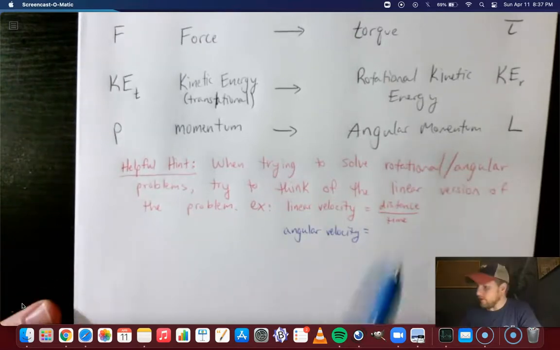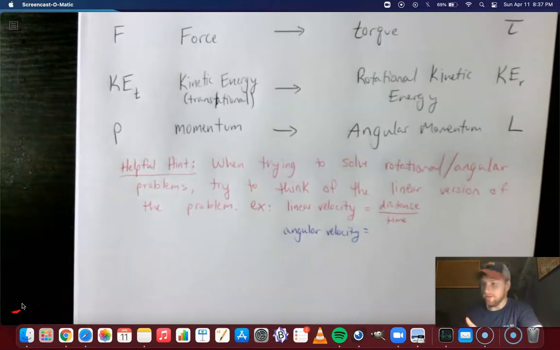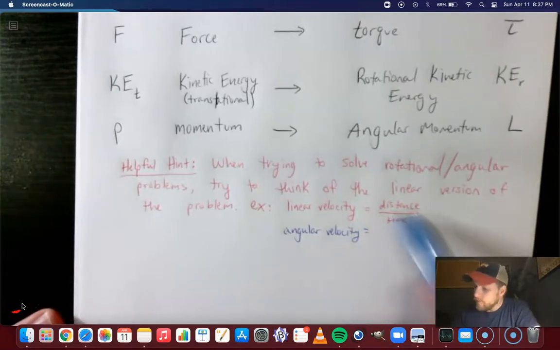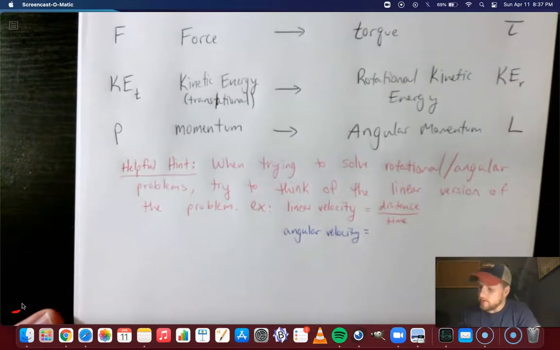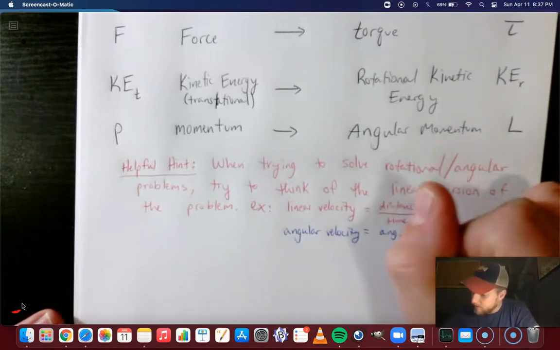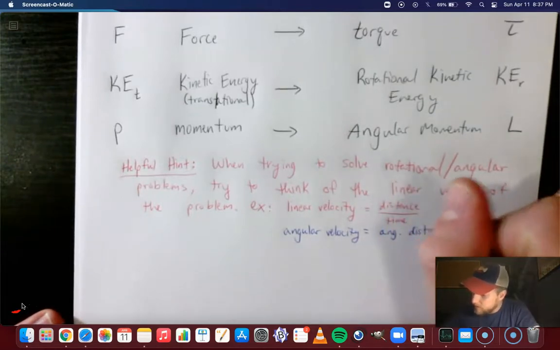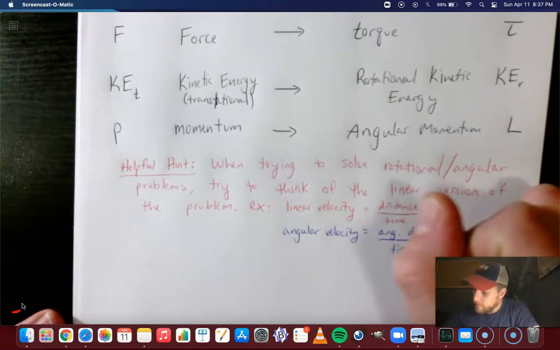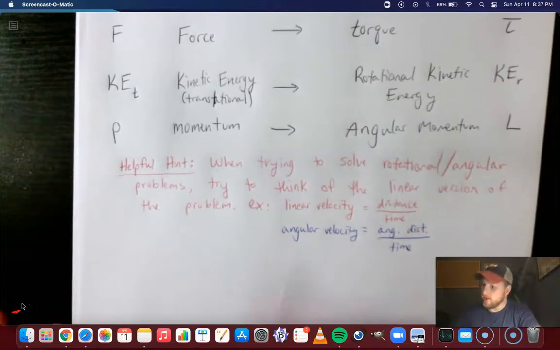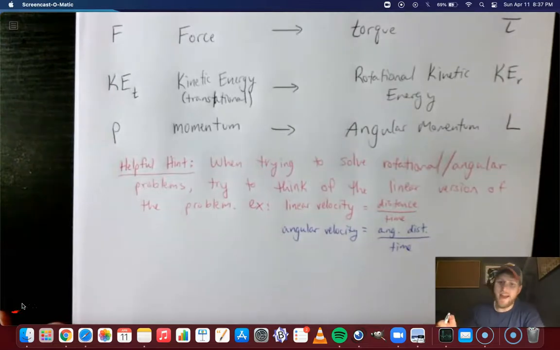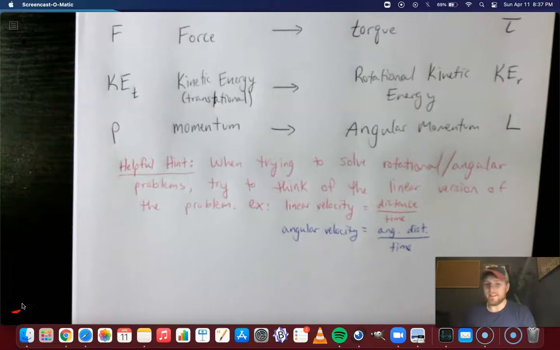Now the analog is just to throw angular or rotational in front of the measured quantities like distance. So this would be the angular distance over time. Instead of linear velocity being how fast is something moving in a straight line, angular velocity is how fast is something moving in a circle.